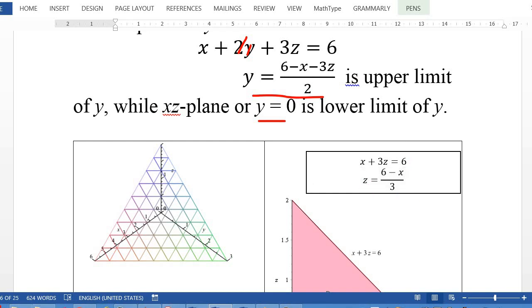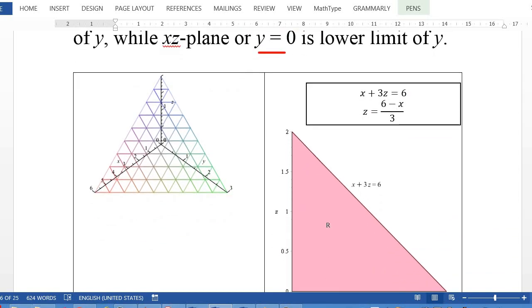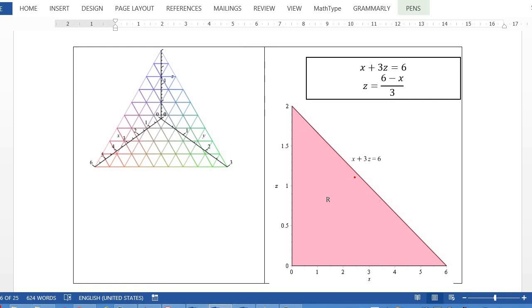And then if you want to solve it using the vertical bar, it means you sum the area of the region R using the vertical bar, and this vertical bar touches the z-axis, which is z equal to 0, until the upper curve, which is x plus 3z equal to 6, or z equal to 6 minus x over 3.